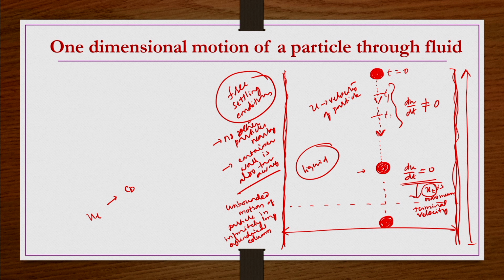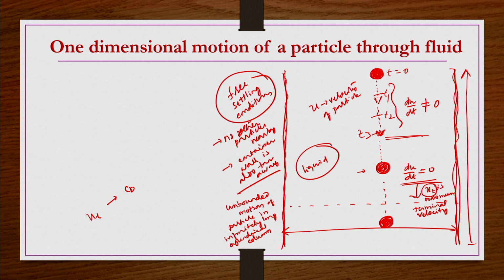By time t2, u2 is not the same as u1. At t3, let us say the particle reached this point, whatever the velocity, let us say u3, is not the same as u2. So from distance and from time, the settling velocity is different in this region, and this is known as the non-free settling region.